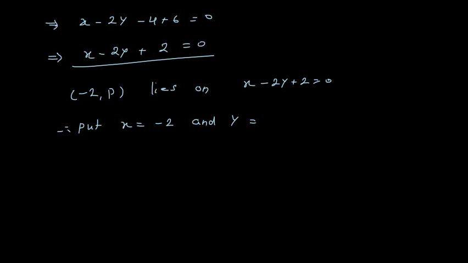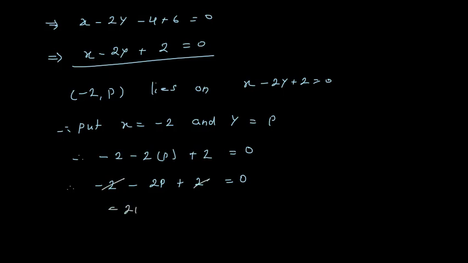Therefore we put x is equal to minus 2 and y is equal to P. So we get minus 2 minus 2P plus 2 is equal to 0. Now see, this minus 2 and this plus 2 will cancel and you have minus 2P is 0. So therefore P is 0, since 0 upon 2 is 0 only. So the value of P is 0.